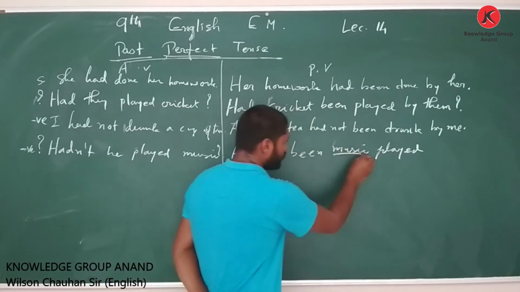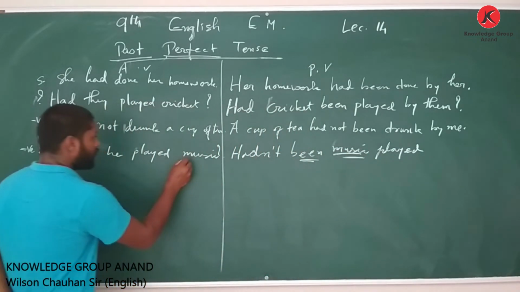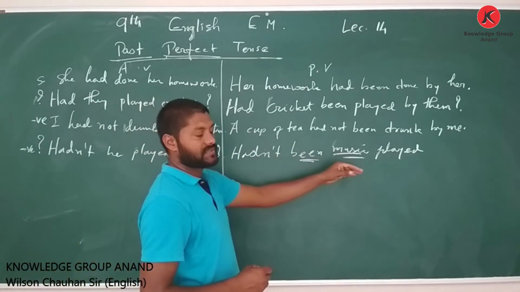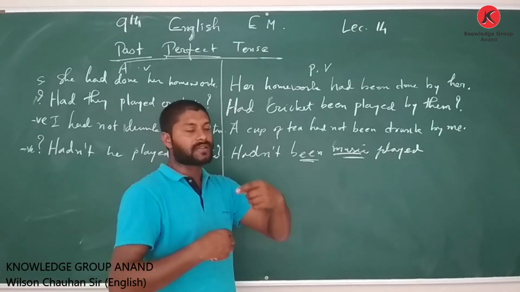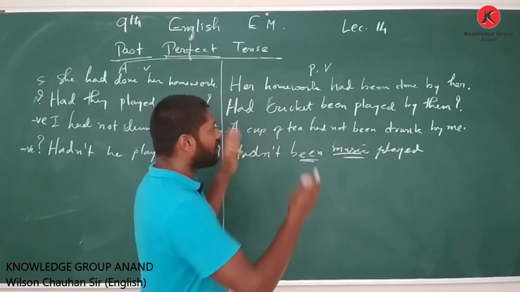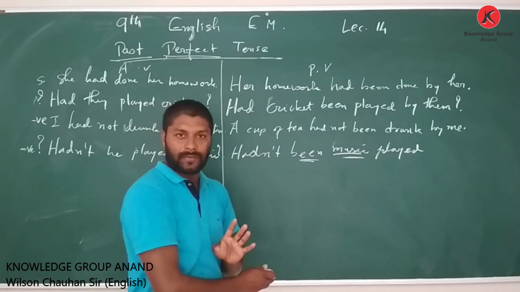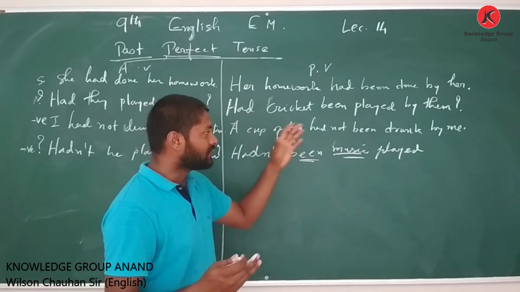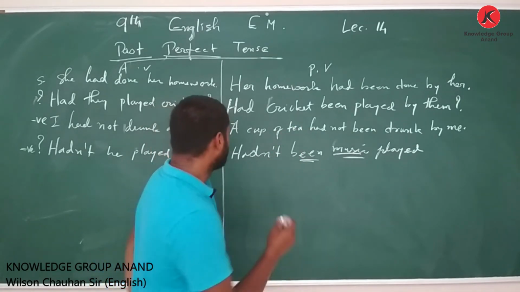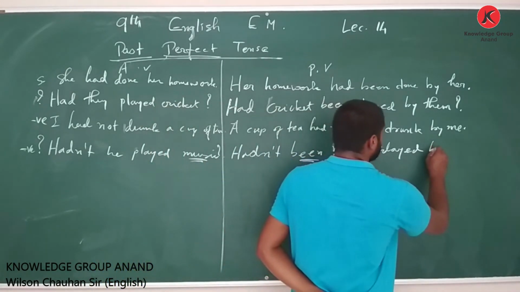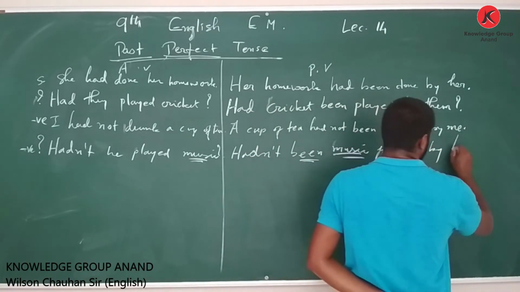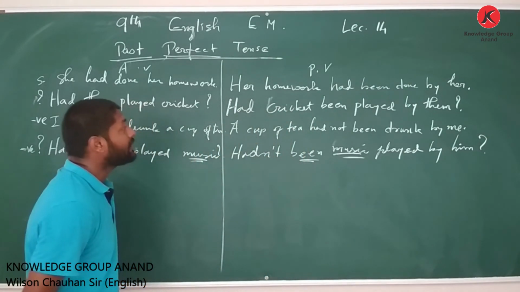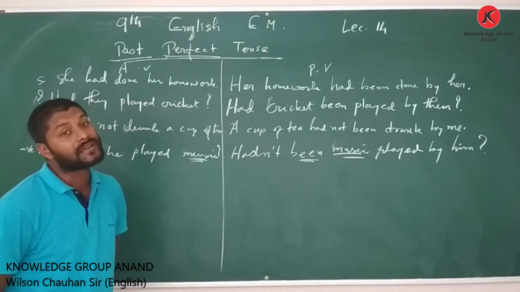You should always remember who and what is your object. So immediately subject becomes an object or object becomes a subject. So you should have the structure, and therefore four different sentences have been seen. Now words can be different, but the sentence formation will be of the same order. So hadn't music been played by him. Okay, dear friends, so that is how we mention these types of sentences.